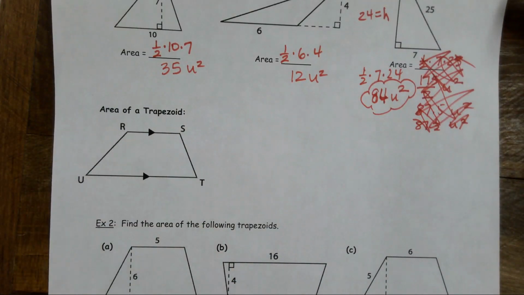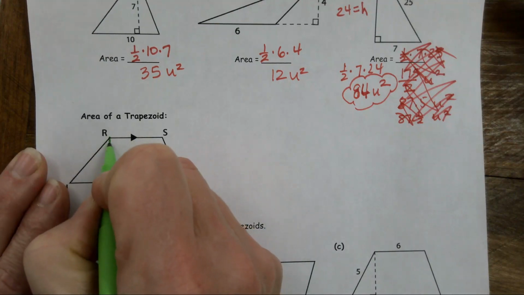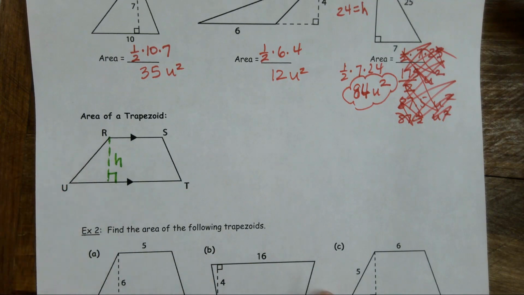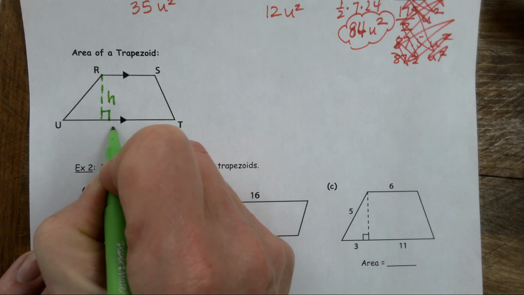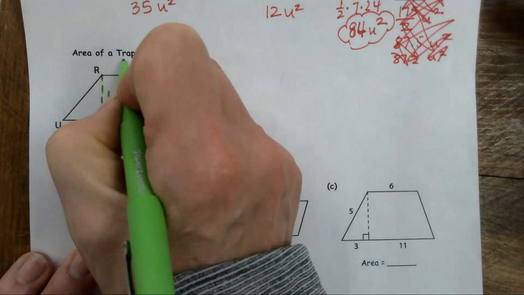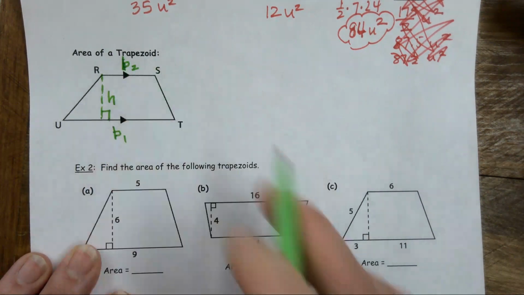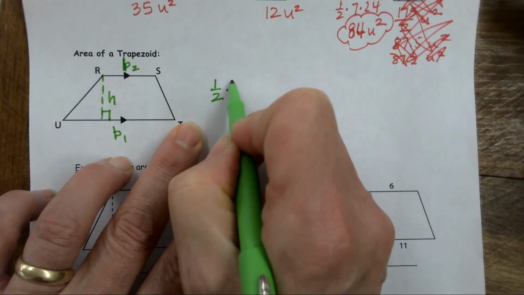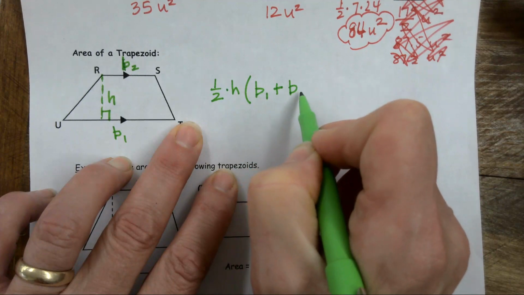Area of a trapezoid is a little more complicated. So I need, again in here, a height. And I need to know what the bases are. And the bases are the two parallel sides. That's a B. And our formula is 1/2 times the height times the sum of the bases.